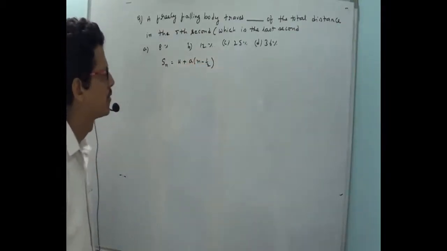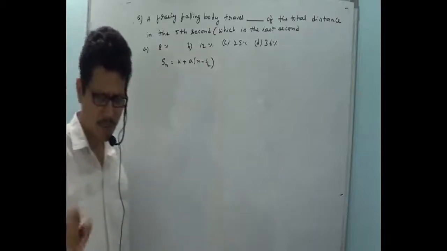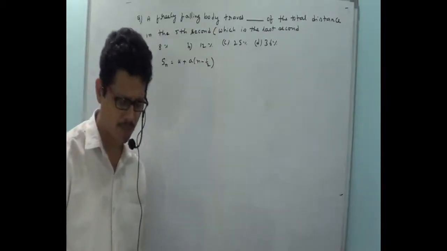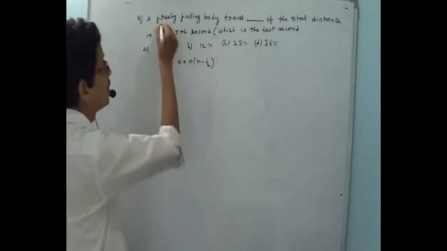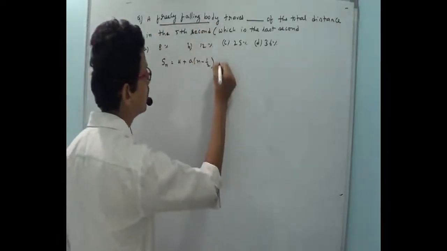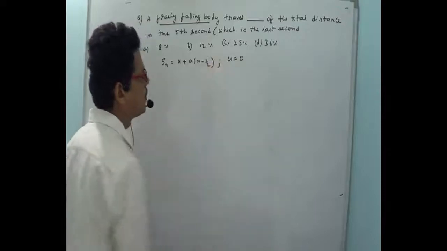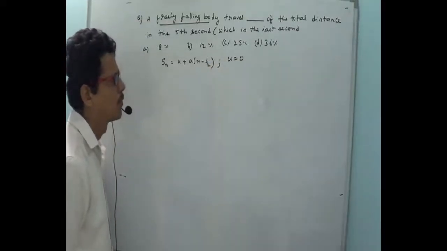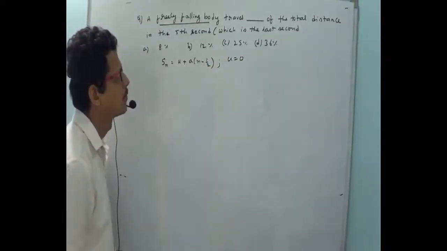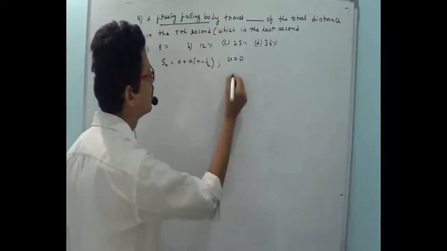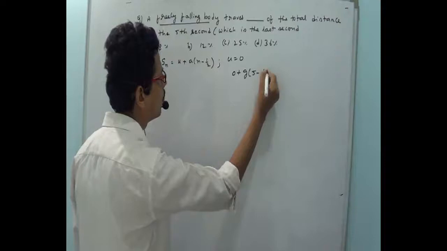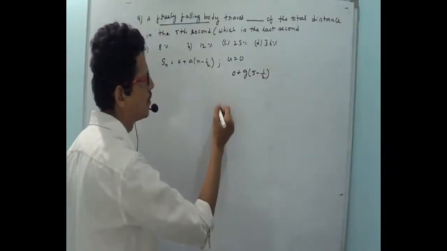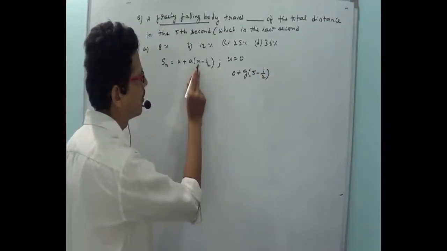This we have derived, the distance traveled in that particular second. And freely falling body means U is 0. Now 0 plus G into, in the fifth second, what it has traveled. So instead of n, I will take 5.